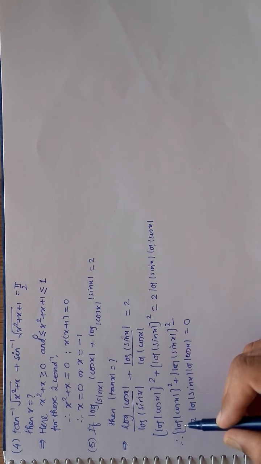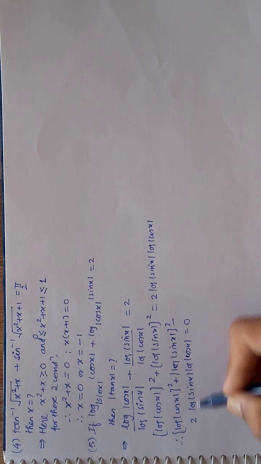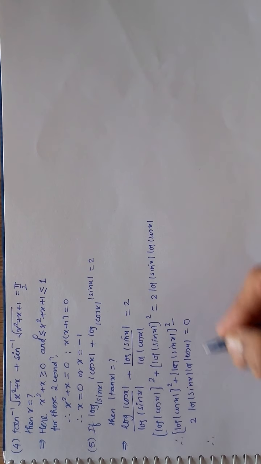So obviously if this is your a, this is your b, this is a square plus b square plus 2ab, which is nothing but minus 2ab, sorry.